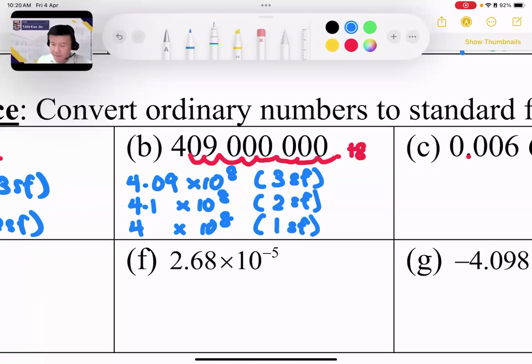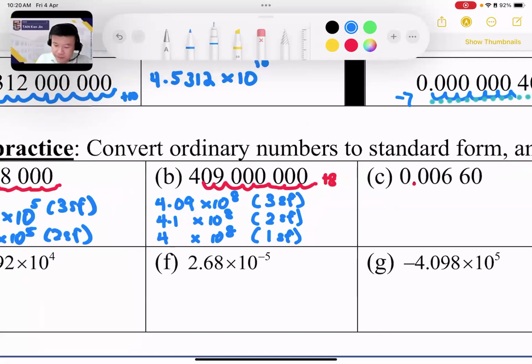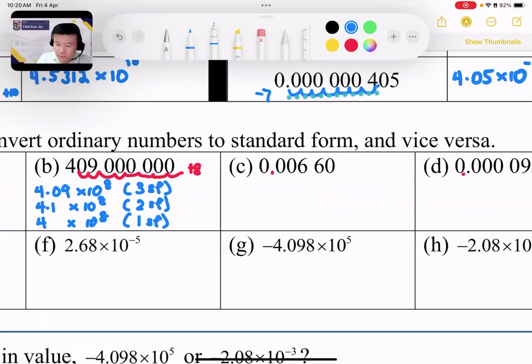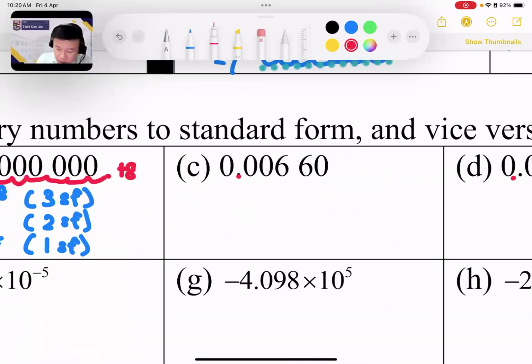Okay. For C, I'm moving the decimal place backwards. So 1, 2, 3. Alternatively, and specifically for the smaller numbers, you can also count the number of zeros in front. The number of zeros in front will always match the number of decimal places you have to jump backwards. So in both cases, it's -3, right?